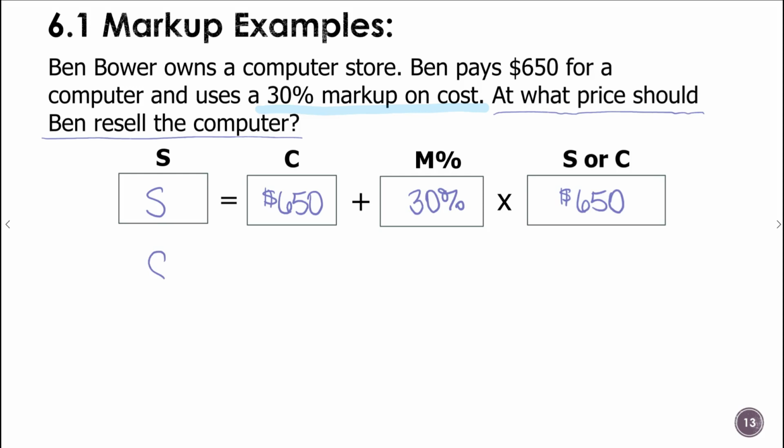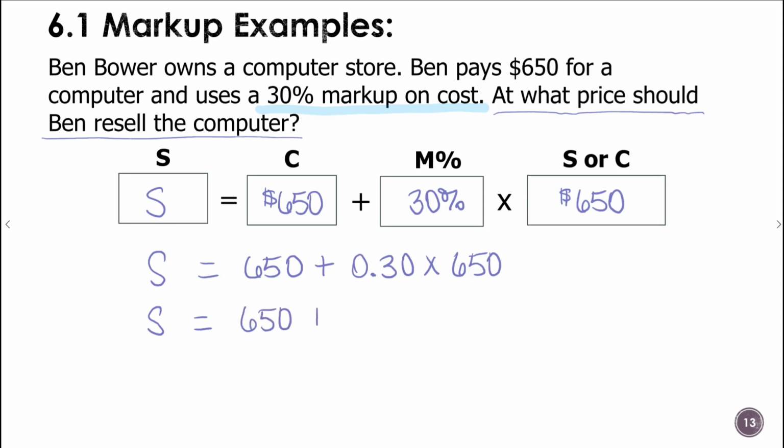Well, it turns out that this equation is pretty easy to solve because we simply have to multiply 0.30 times 650. You can leave that 0 off and make it just 0.3 and it means the same thing. So 30% of 650 is 195.